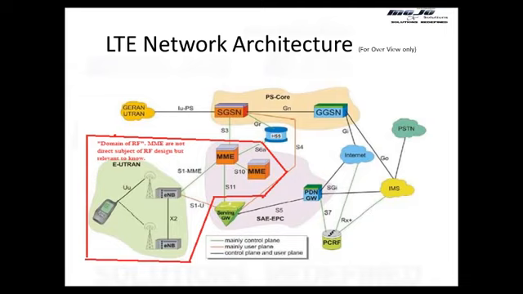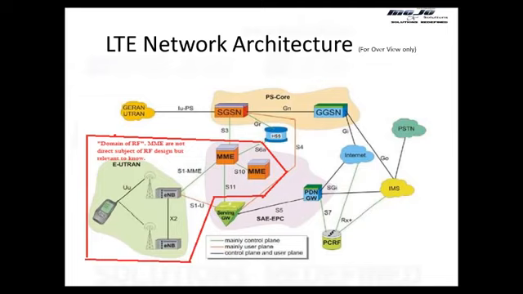Now, in LTE, of course, the air interface technology was different. What they did in LTE was that, out of the three functions, traffic routing and traffic integrity were handed over to the eNode B, and only the mobility control function was left to be controlled centrally.